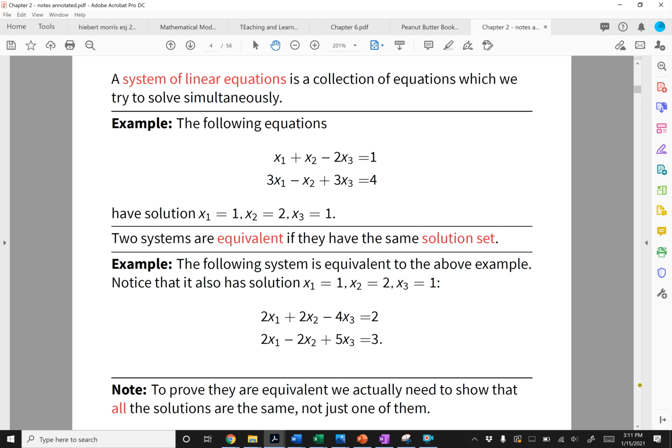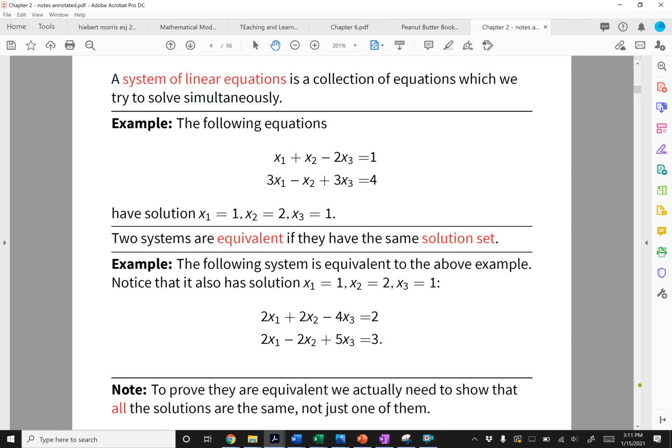If we have more than one equation, we call it a system. They're connected, like the variables are the same, so that's what they're connected with. And when we write them together, it means that we're looking for values x1, x2, and x3 that we can plug into both equations, or 3 or however many equations, and they satisfy all of the equations, so they make each of them true.